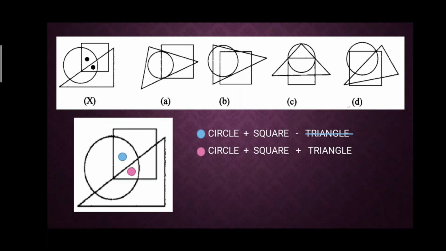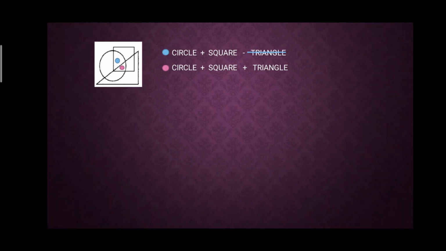It doesn't matter how much area we are talking about. I just want a blue dot, that is an area which is inside circle, square but outside triangle. And for the pink dot, I want an area enclosed by circle, square as well as triangle, all three figures.